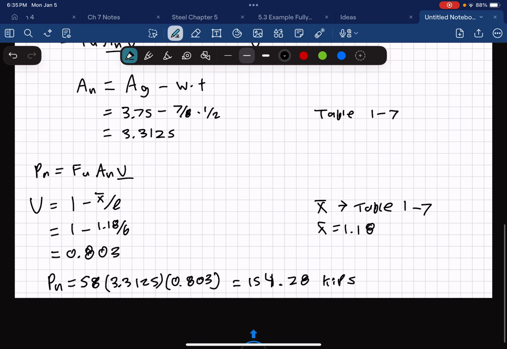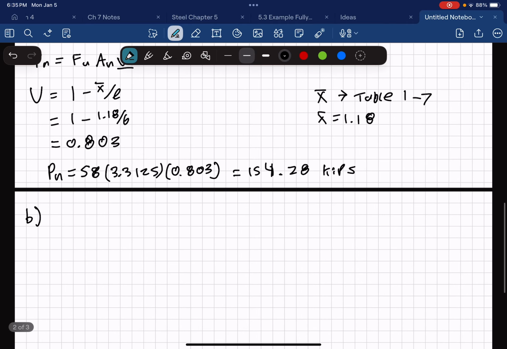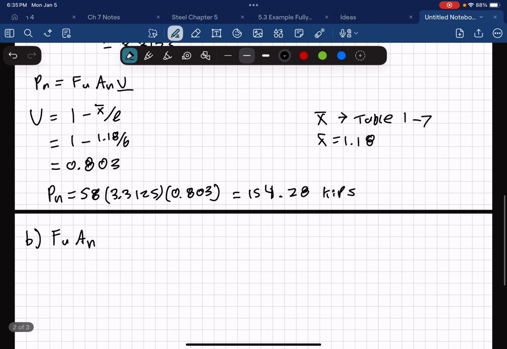Okay, now part B, we're going to do the exact same thing, except our shear lag factor is already determined for us. So Fu is going to be 58. We can say An will be the exact same thing, 3.3125. And I lost the page that I was on in the manual for this, so bear with me for a second.